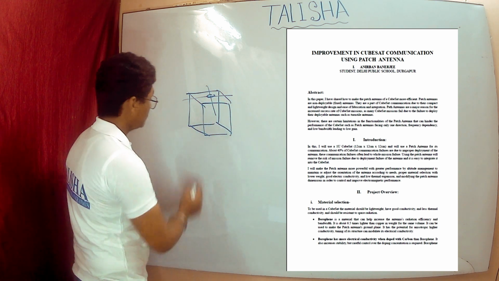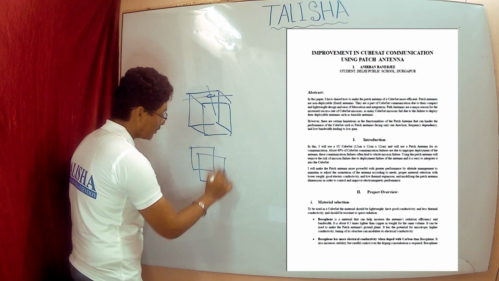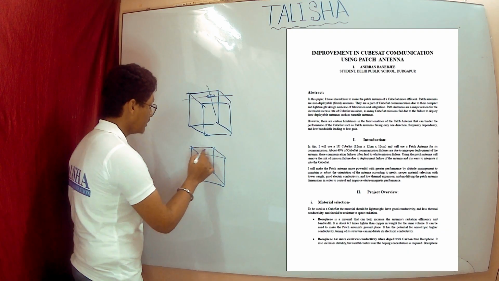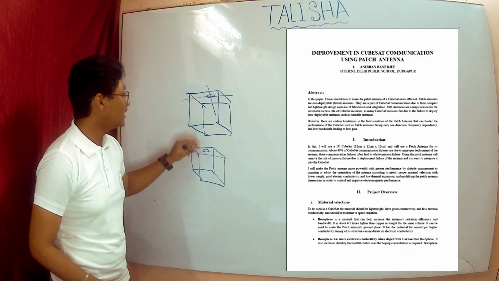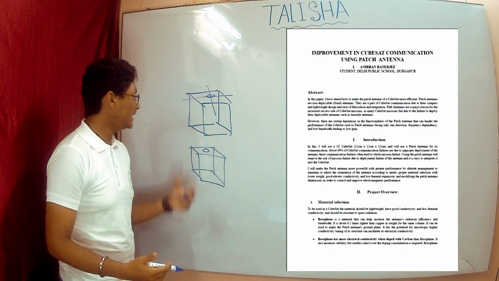So first, when the CubeSat is in the deployment box, or it is not deployed, the antenna is inside the chamber. After reaching space, it will be deployed.